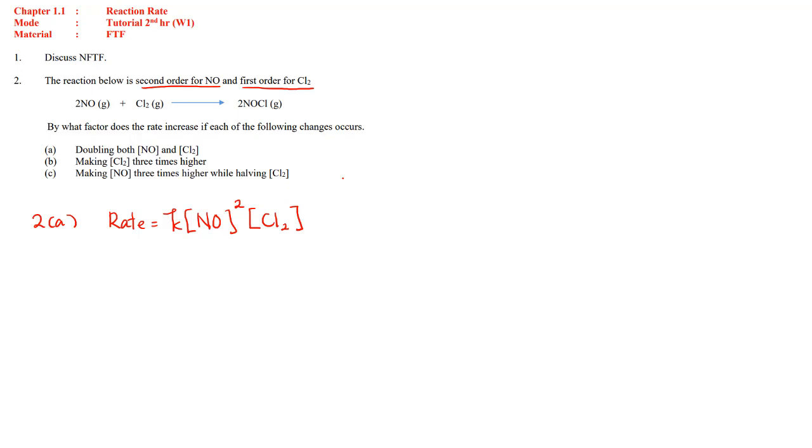Berapa kali gandakan ataupun berdasarkan berapa faktor rate itu akan bertambah kalau both concentration NO and chlorine is double. Okay, if we doubling the concentration of NO and chlorine molecule. Okay, macam mana nak buat?